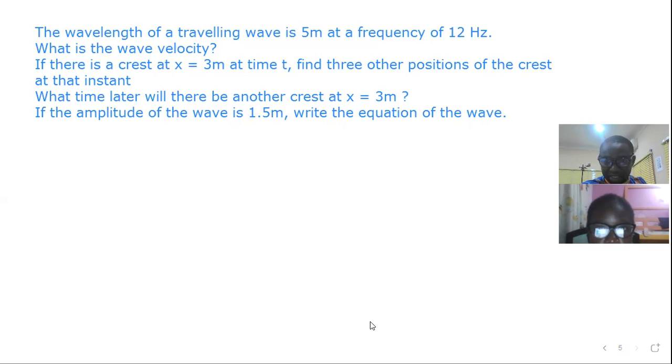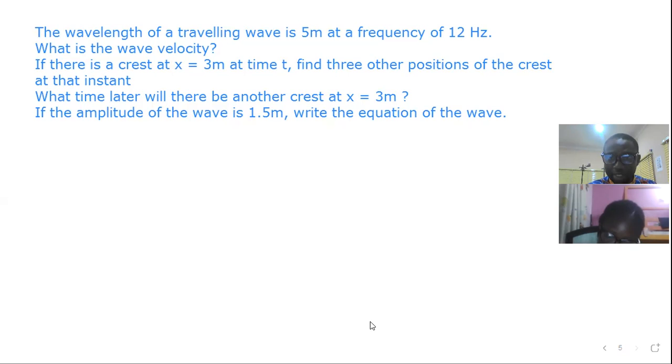Remember, the wavelength is the distance between two successive crests. So the next will be 8 plus 5, 13. And the next one will be 3 plus 5 plus 5 plus 5, which will be 18. So that would just be the crest.